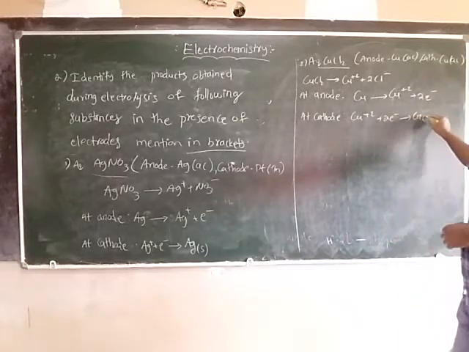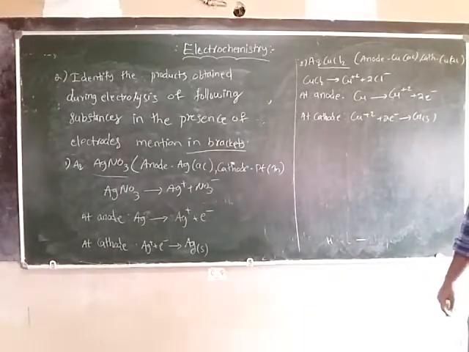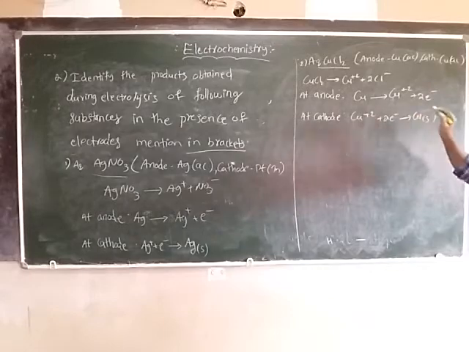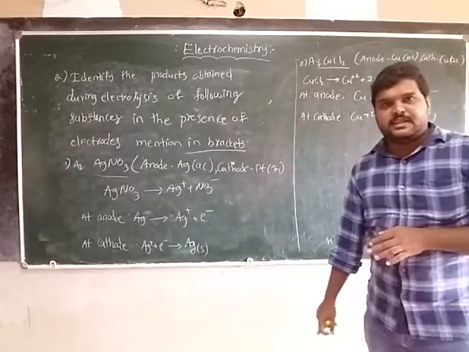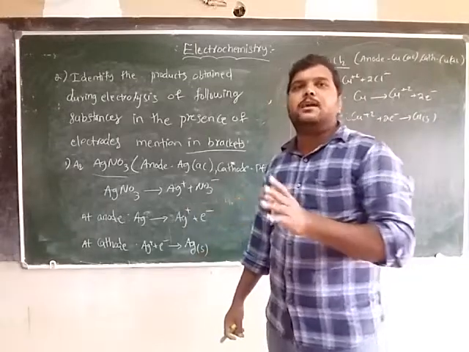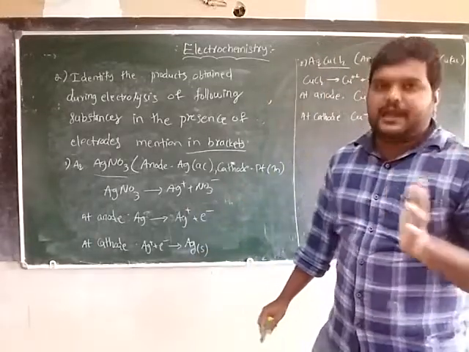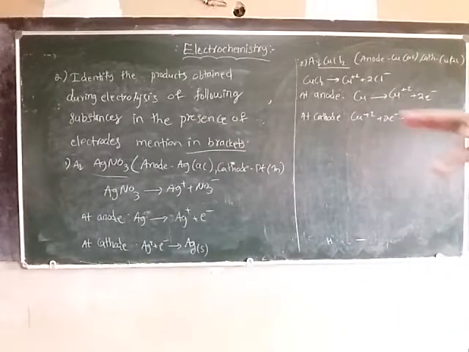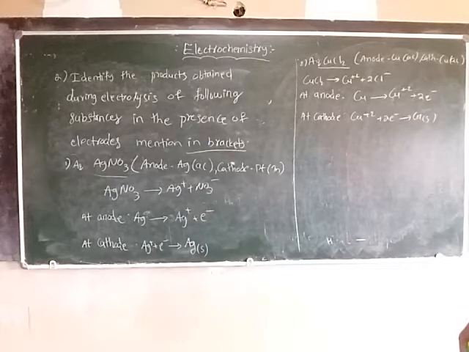The copper deposits at the cathode. So finally, no product is formed at the anode, as the anode is an active electrode. So when the anode is an active electrode, we may not expect any product at the anode. This is discharge potentials in the presence of active and inactive electrodes.